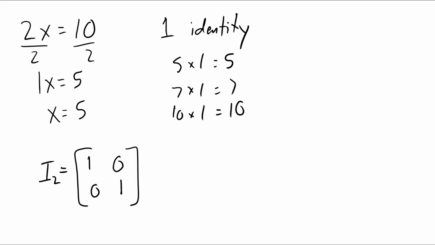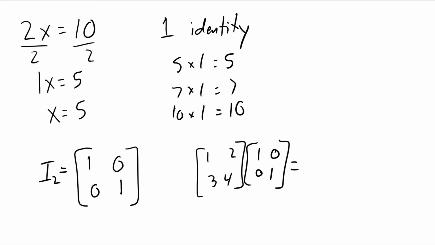If we multiply any matrix that can be multiplied times this matrix, we're going to get that exact same matrix out the other side. So for example, we could multiply [1, 2; 3, 4] times the matrix [1, 0; 0, 1].